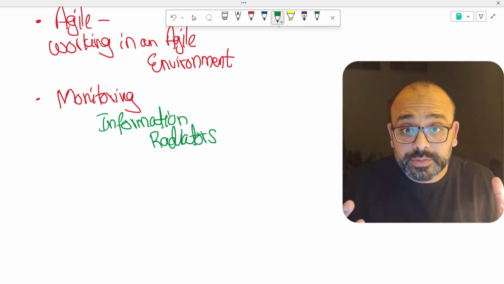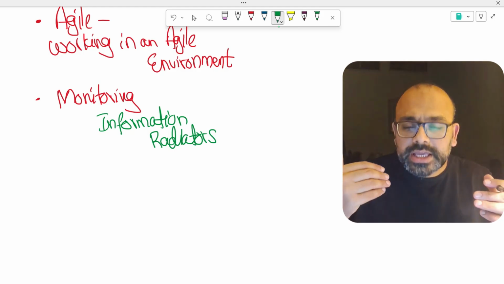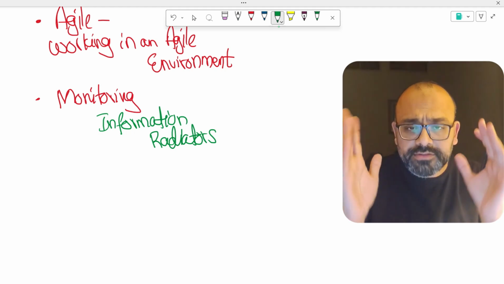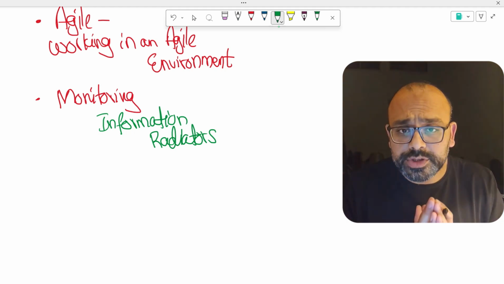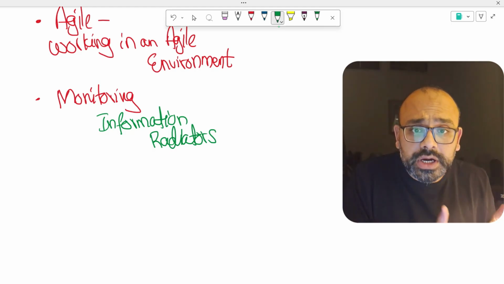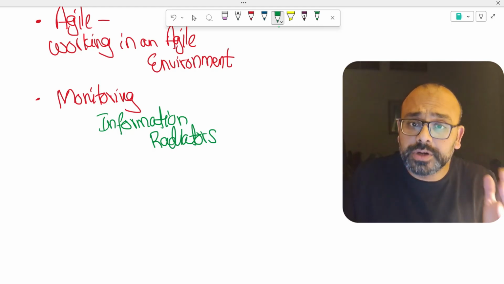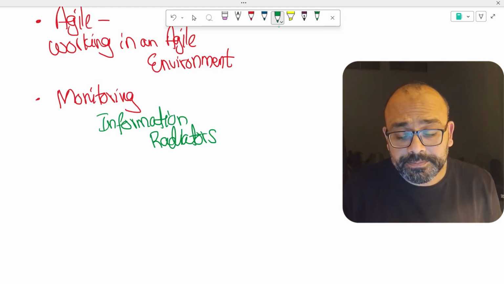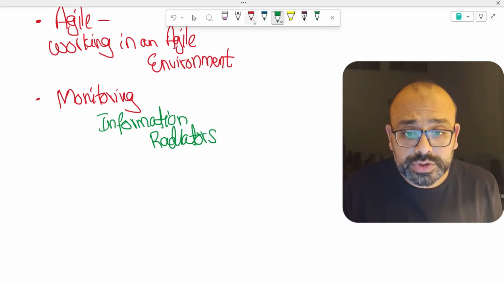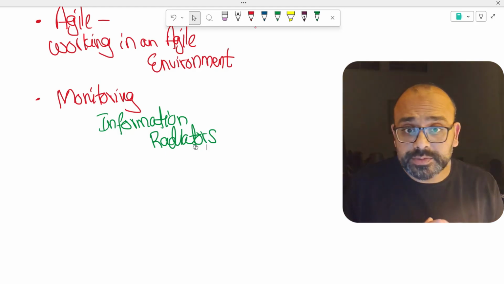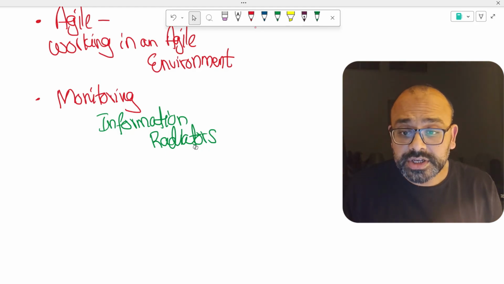Displaying project information. What it does? Improves the performance of the team, right? Must know everything about that. What type of information radiator? The burn down chart, the burn up chart, what the burn down chart shows, what is the purpose of the burn up chart, everything you need to know for the PMP exam. And of course, the variance analysis when it comes to the monitoring, the forecast, everything about that you need to know.